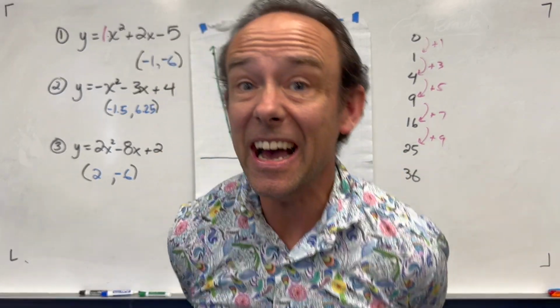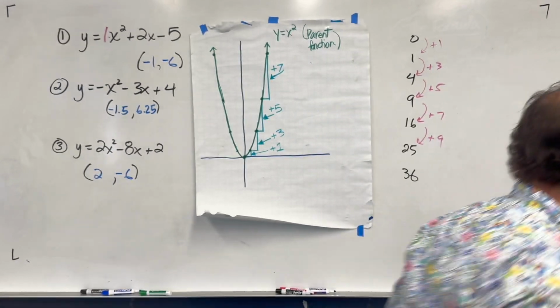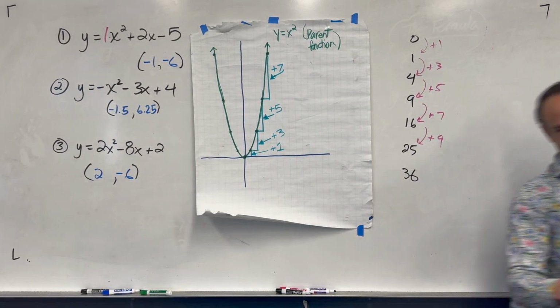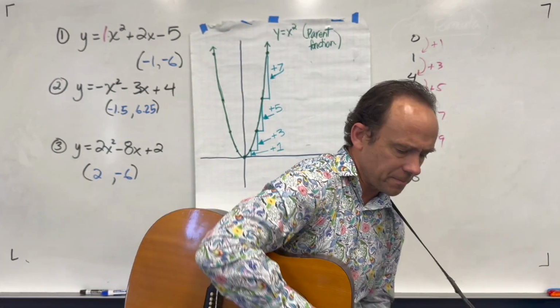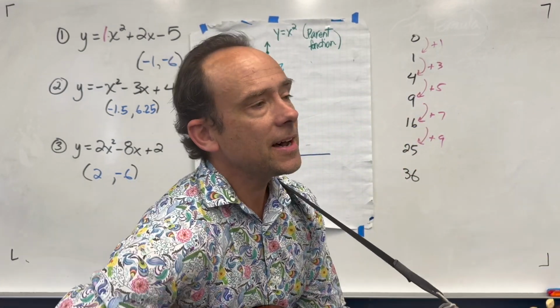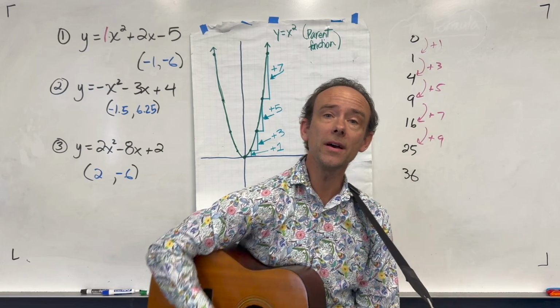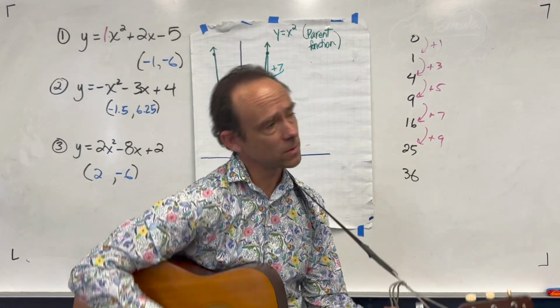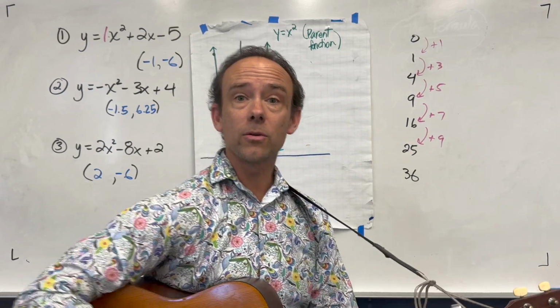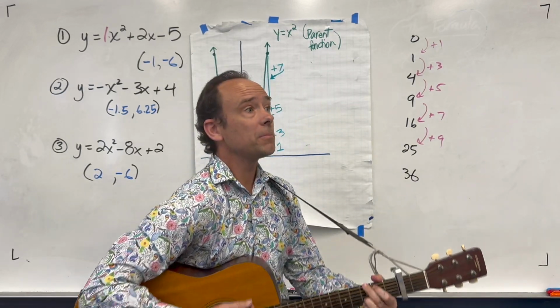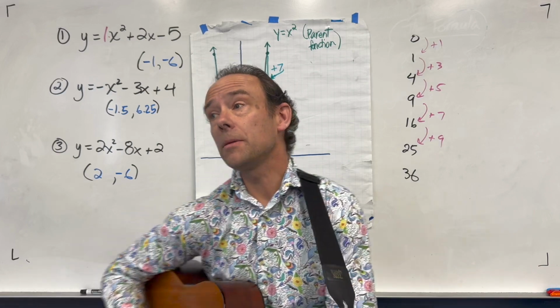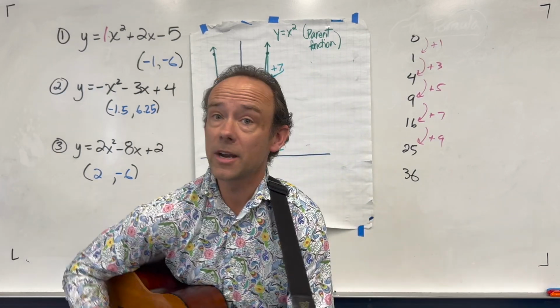And in fact, I have a little song to help remind you of this little pattern about how squares grow. Because this is how squares, they grow. They grow over 1, up 1, over 1, up 3, over 1, up 5, over 1, up 7.